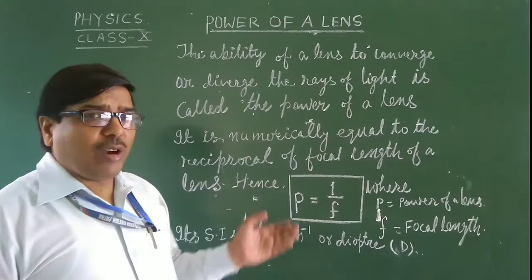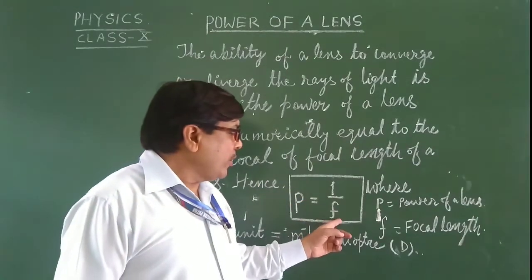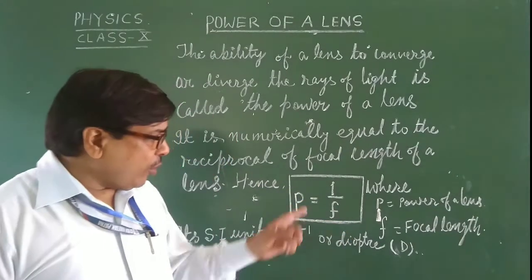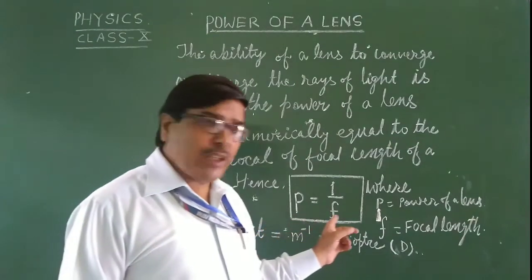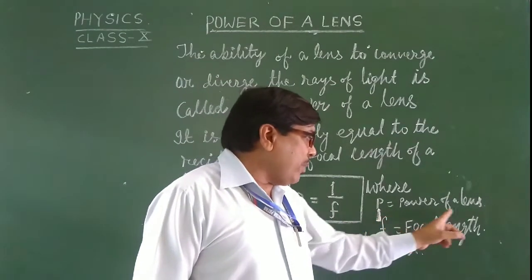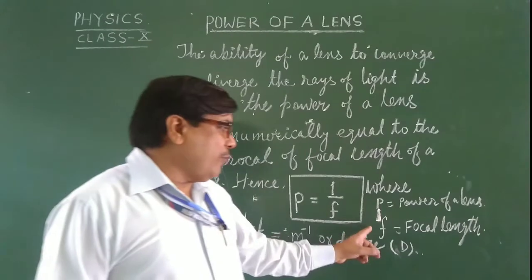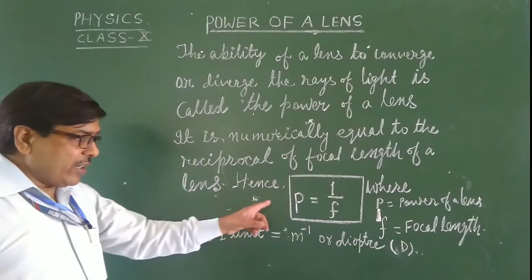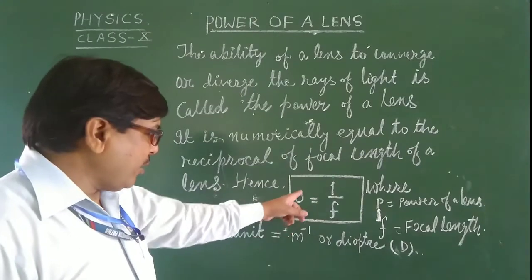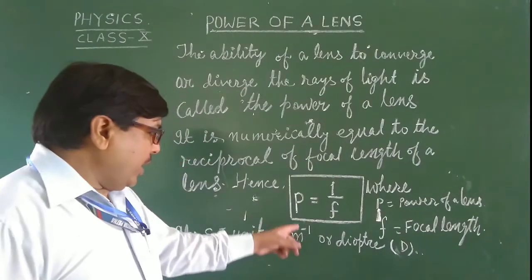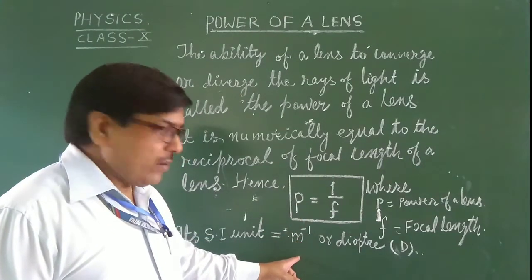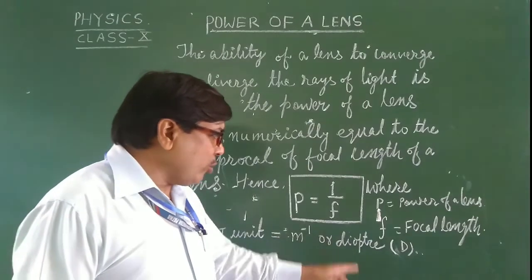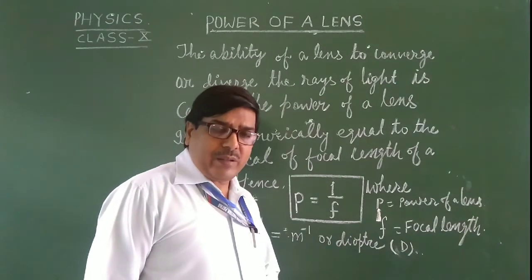So P is equal to 1 upon focal length of a lens, where P is the power of lens, F is the focal length of a lens, and its SI unit according to the definition and the formula is per meter, which is also called diopter.